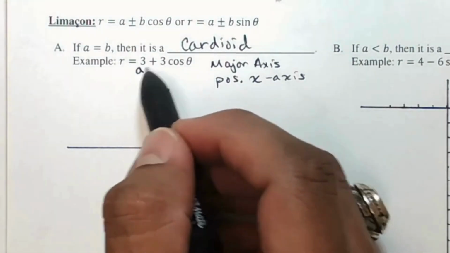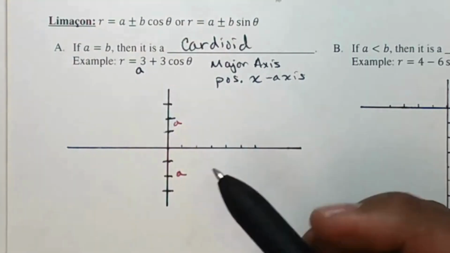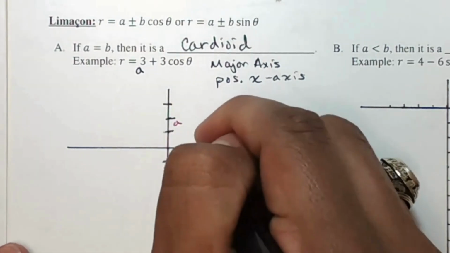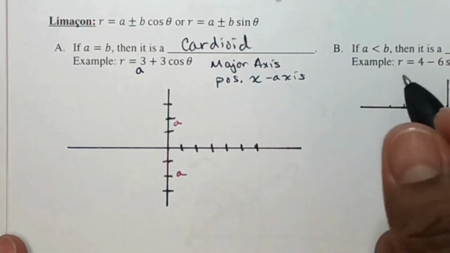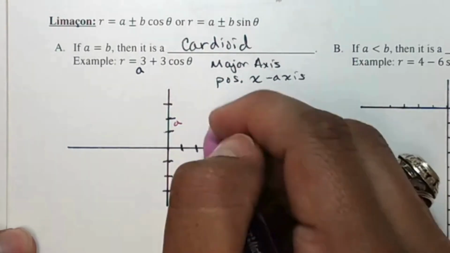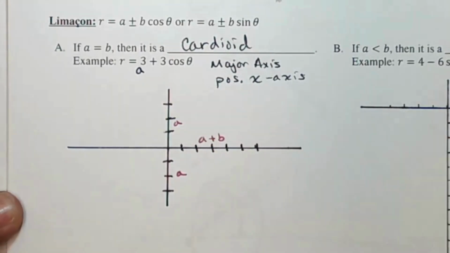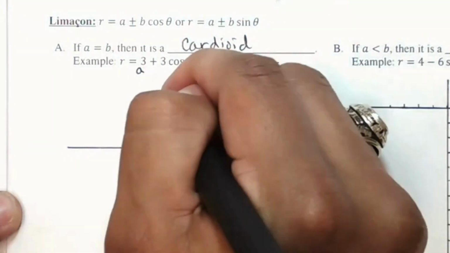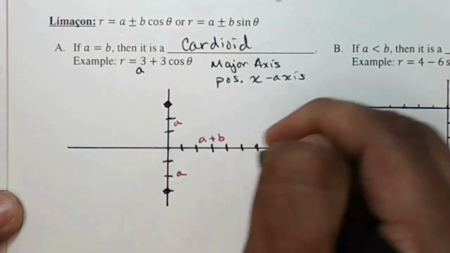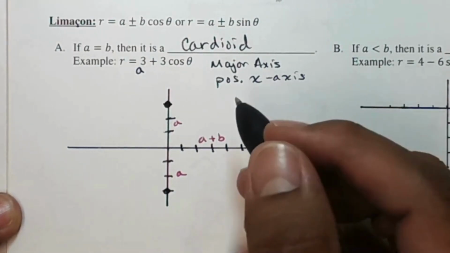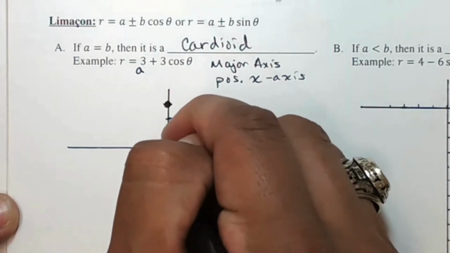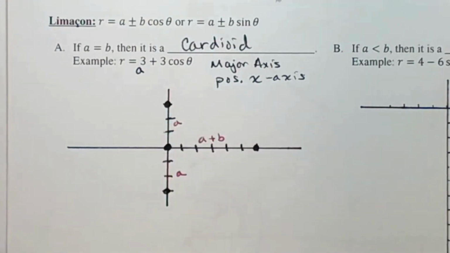If we add them together, 3 plus 3, we end up getting 6. That's how much length I'm going to go on the major axis. So 1, 2, 3, 4, 5, 6. So this is a plus b. So I'm going to have a point here at 3, a point here at 3, and a point here at 6. Well, with cardioids, we're going to end up crossing at the pole as well.